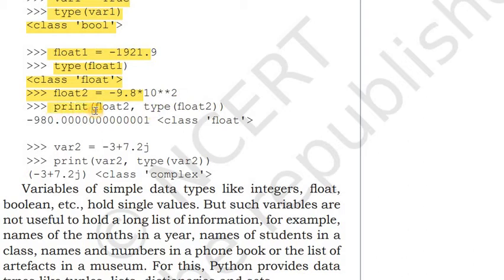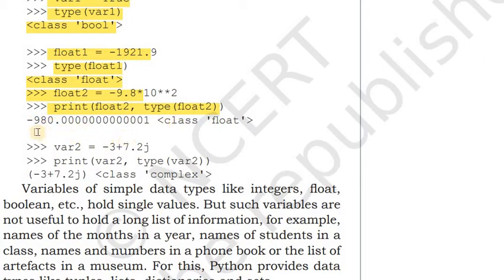Print float2, comma, you are calling the type function on float2. And here you are getting the output.